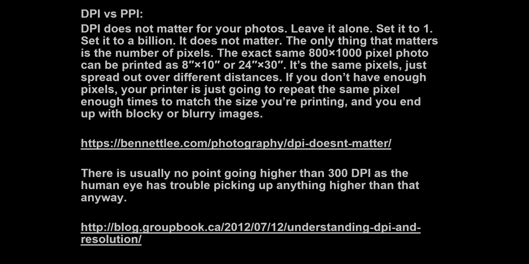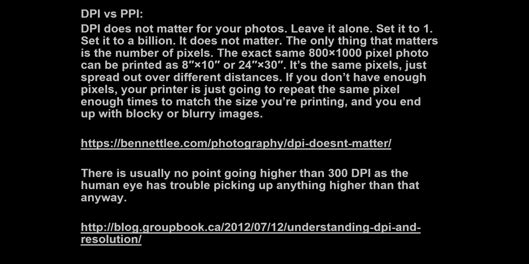So the difference is pixels per inch and dots per inch. And how do we think about that? There's one site that I've downloaded a link to, which says that dots per inch is not really what matters. It doesn't matter what the dots per inch is. You can leave it to be whatever you want it to be.